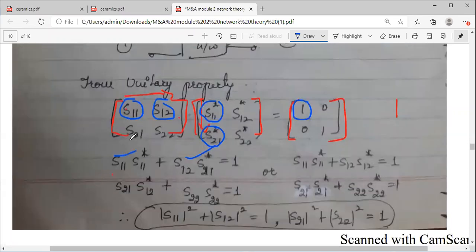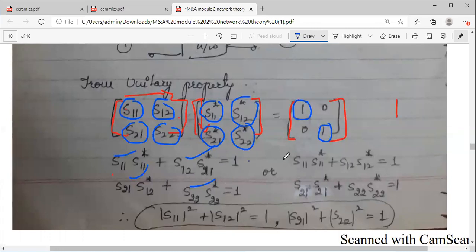Then second row: S21 S12 star plus S22 S22 star, the second term, is equal to 1. So first row first column, second row second column.